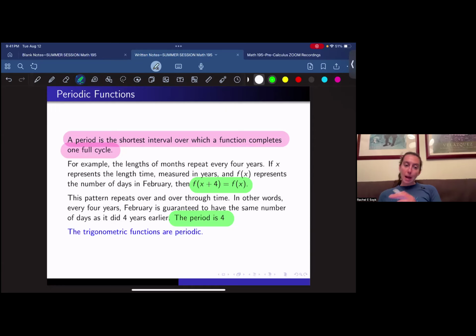It goes back to the beginning of the cycle every 4 years. So once again, when we're looking at our trigonometric functions, we will very quickly realize that our trig functions are periodic. They're cyclic. They have cycles that they run through over and over and over again.